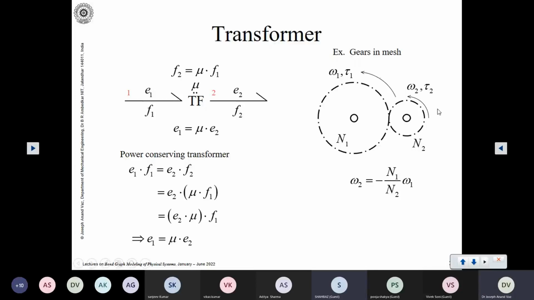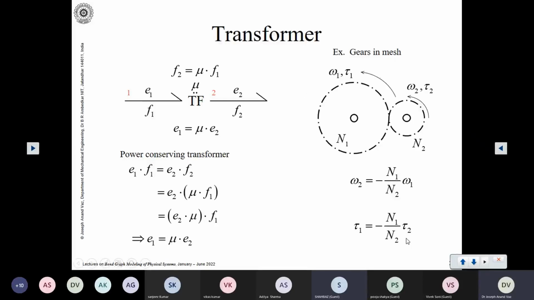When you have simple spur gearing like this, you see omega 2, the relationship between flows, is minus N1 by N2 times omega 1. Automatically you get the relationship between efforts, that is tau 1 is equal to minus N1 by N2 times tau 2. So this is a relationship which emerges out automatically.